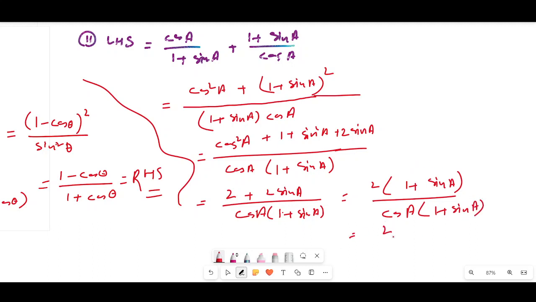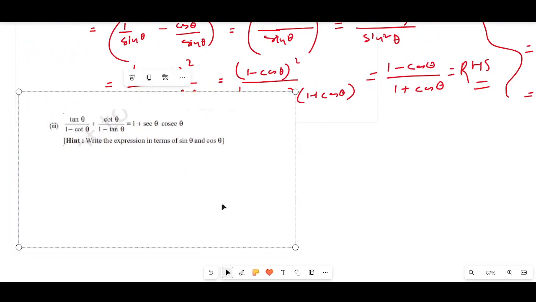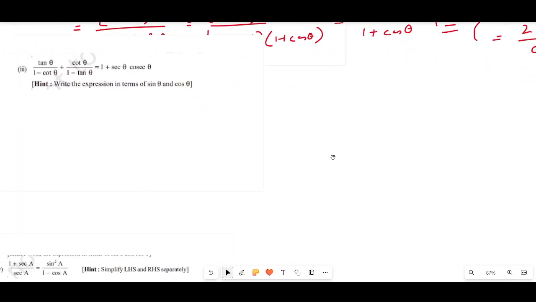It will be 2 upon cos a, and we can write it 2 sec a, because sec a is the reverse of cos a. So which is the right hand side of the given question. Now come to the next part of the question, third part. Clear?